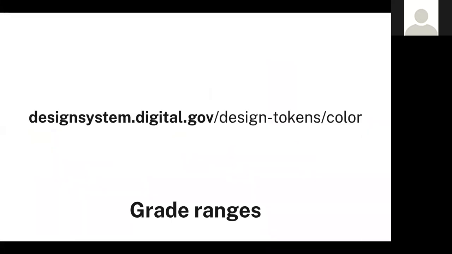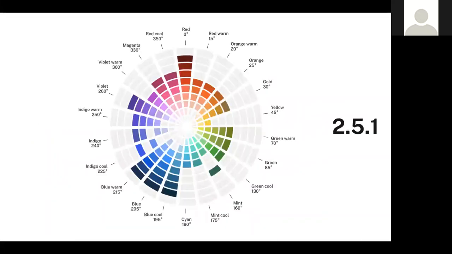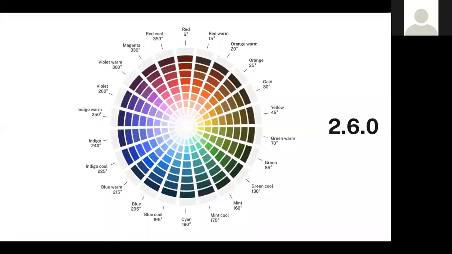So anyhow, that's where that lives, and that's what really allowed us to fill out all of the grades in the Vivid palette, because this is where we were in Design System 2.5.1, and these are the colors that are now available in 2.6.